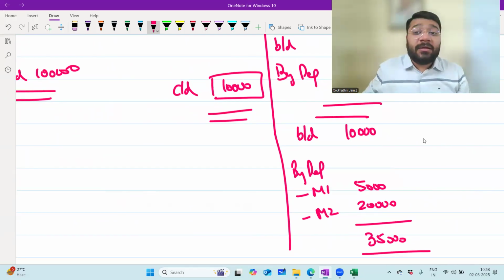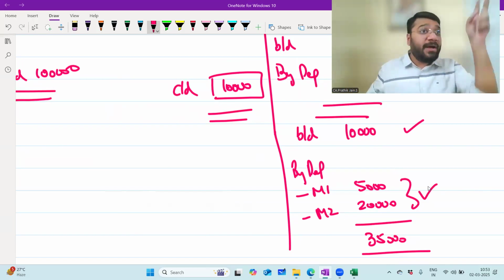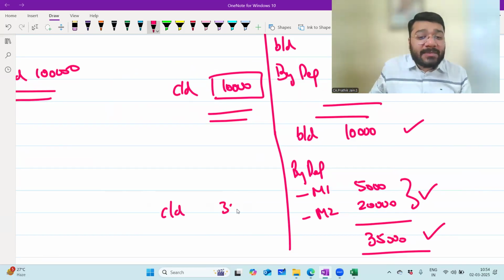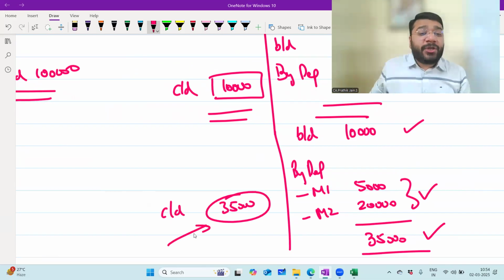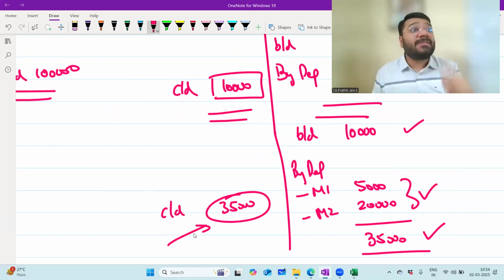Means what? In the first year, the asset that I've used is for 10,000 rupees. In the second year, I've used the asset for 25,000 rupees. So put together for both the years, my total depreciation is 35,000 rupees. Can I show this entire 35,000 as balance carried down? I said in CA Foundation that the PFD ledger should always have the balance carried down, which is nothing but the accumulated depreciation of that asset which is still continuing in the business.